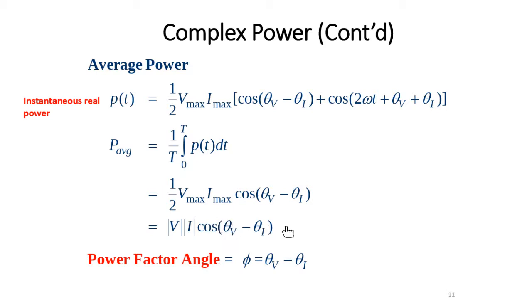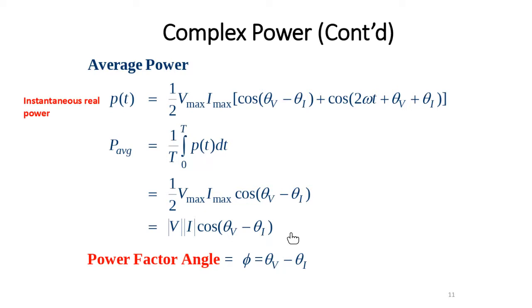So what is this? Cosine of the difference is the power factor. We call it the power factor. V times I, these are magnitudes. Are these maximum or RMS? These are RMS. So these are RMS values.